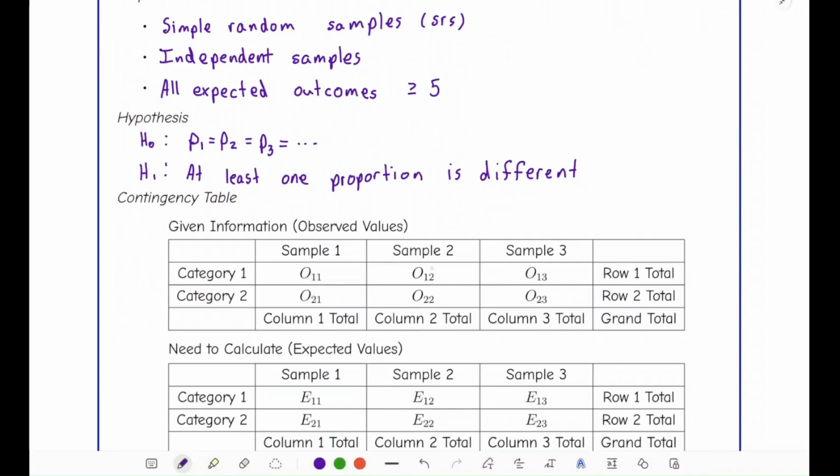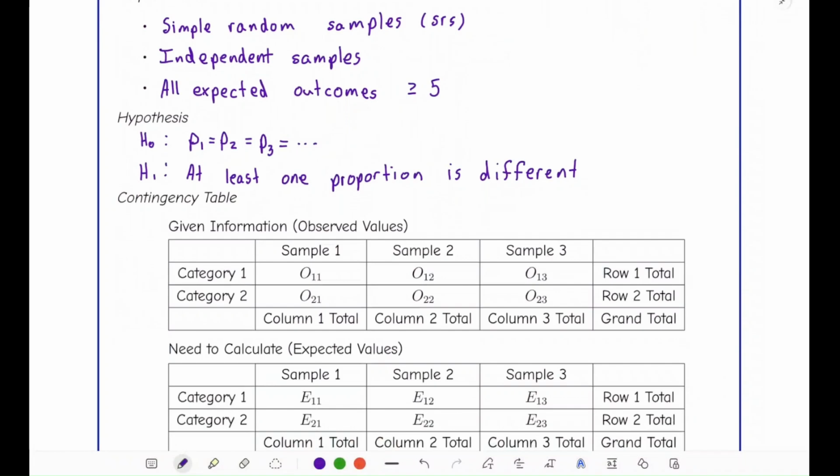The observed value for category 1, sample 2, observed value of category 1, sample 3, and then most of the time you actually have to calculate the totals, but that's just adding up across the rows or adding up across the columns. So that's the given information.